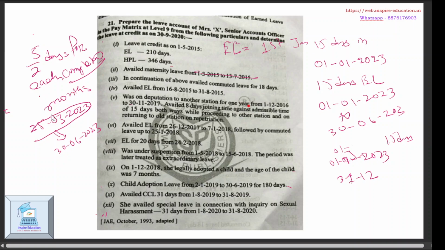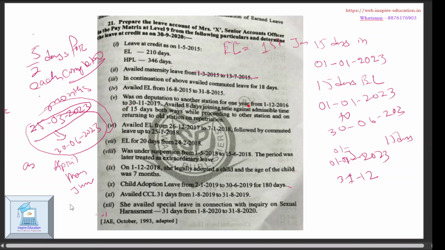For this particular period, we have to see the number of completed months he will work. 25/3/2023, this month is not a completed month, so we'll ignore it. Then he will work for April, May and June, so 3 months.